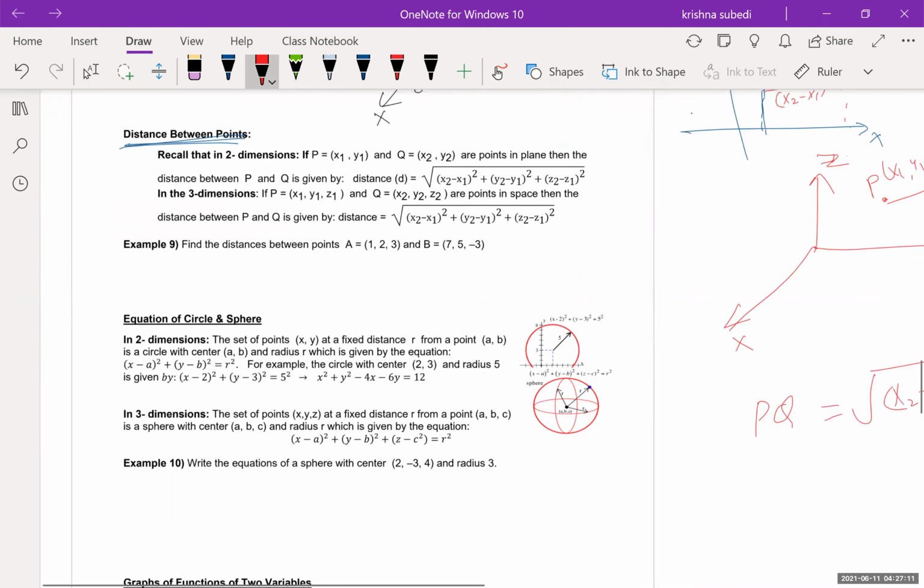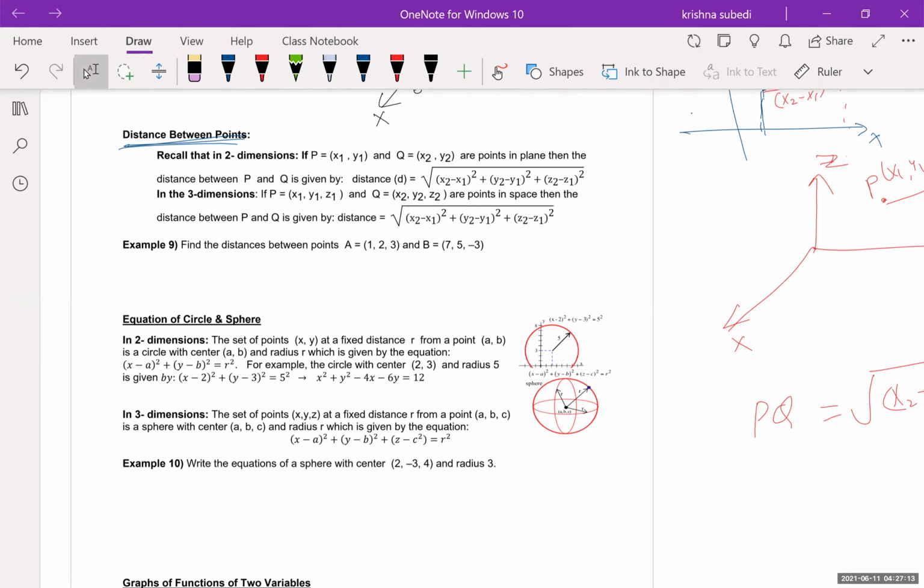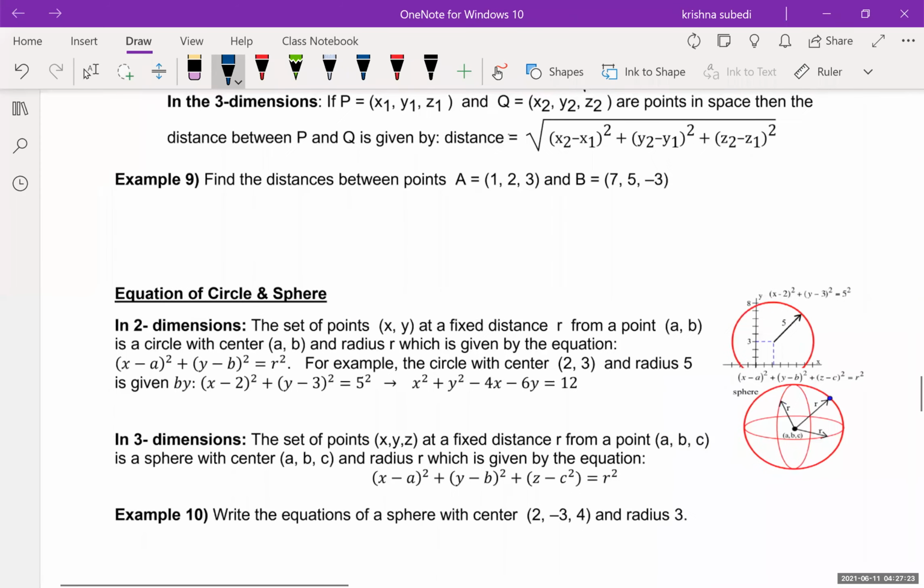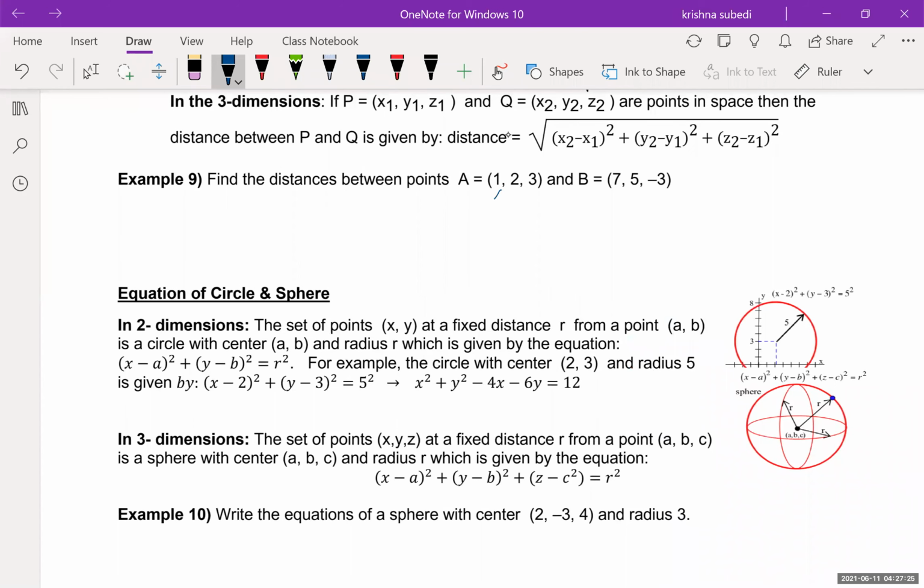Now I want you to try example 9 on your own. Find the distance between points A and B. So your A is, let's say, this is your x1, y1, and z1, and this is your x2, y2, and z2.